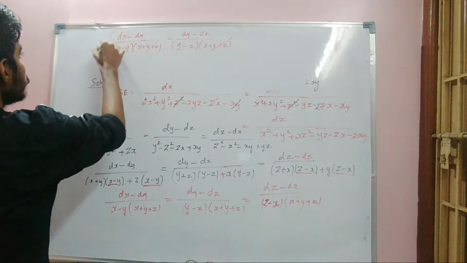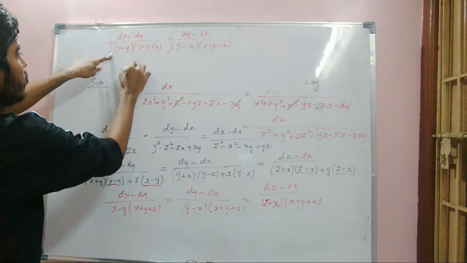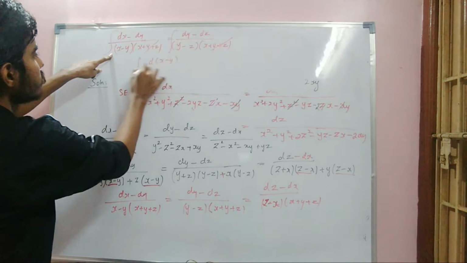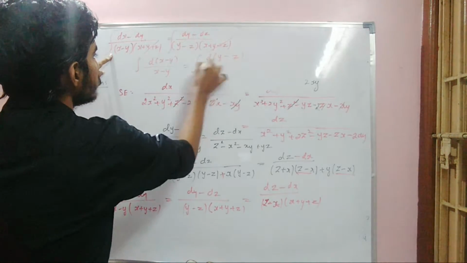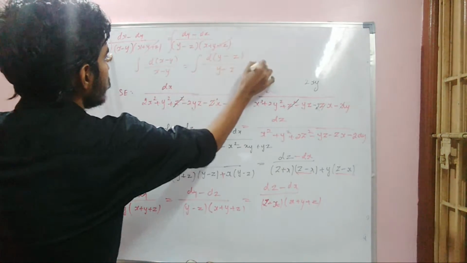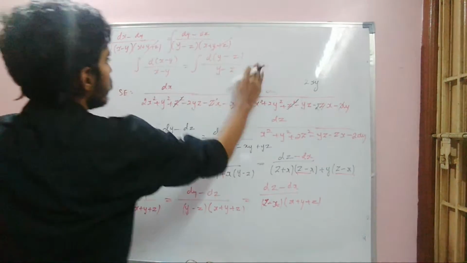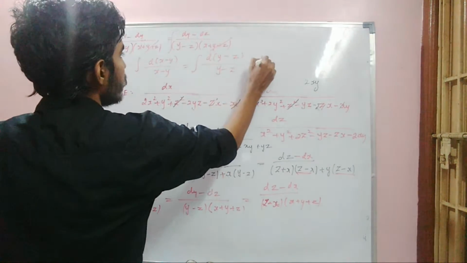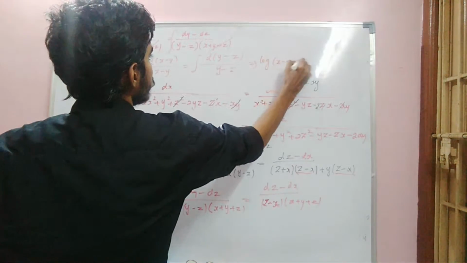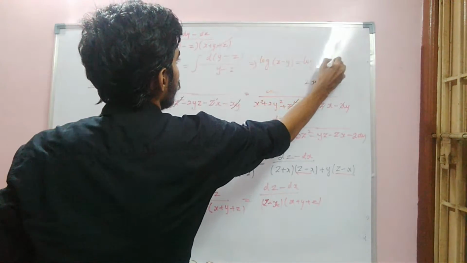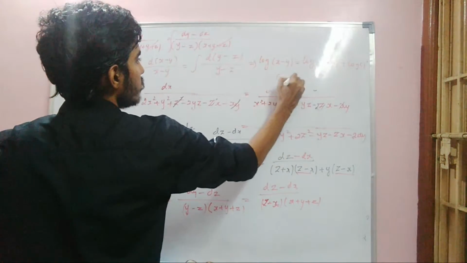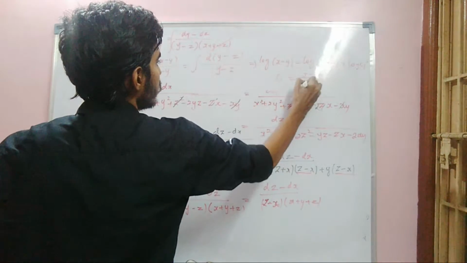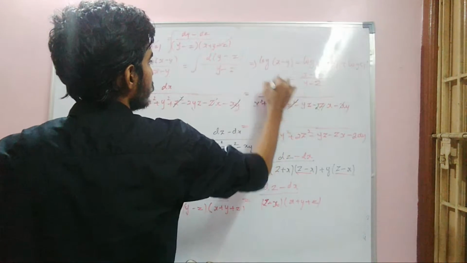Now if I integrate, this is nothing but integral d of x minus y divided by x minus y, integral d of y minus z divided by y minus z plus c1. So now we can write: this is nothing but log x minus y, this is nothing but log y minus z plus log c1. So therefore our c1 will be x minus y divided by y minus z.